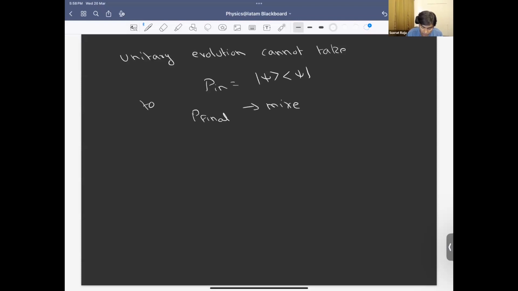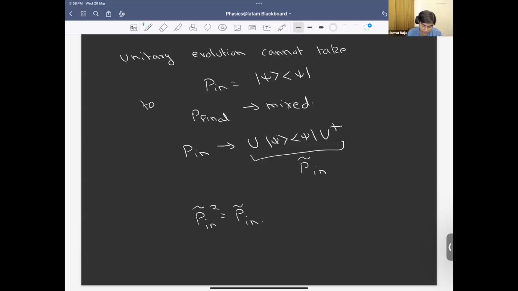And the reason for that is that unitary evolution always takes rho in to something like U |psi><psi| U dagger. And this new rho, which I call rho tilde n, also has the property that rho tilde n squared is equal to rho tilde n, which is a sign of the fact that the state is pure.